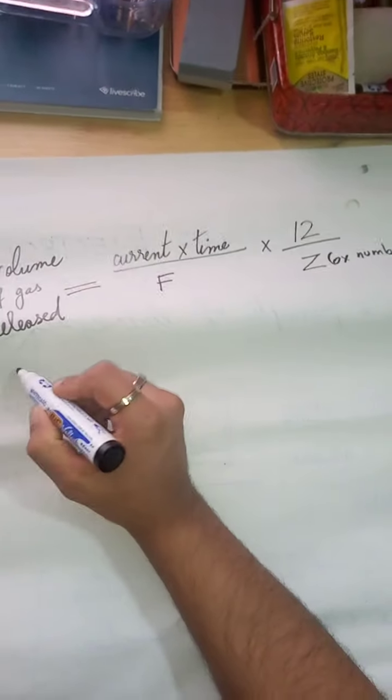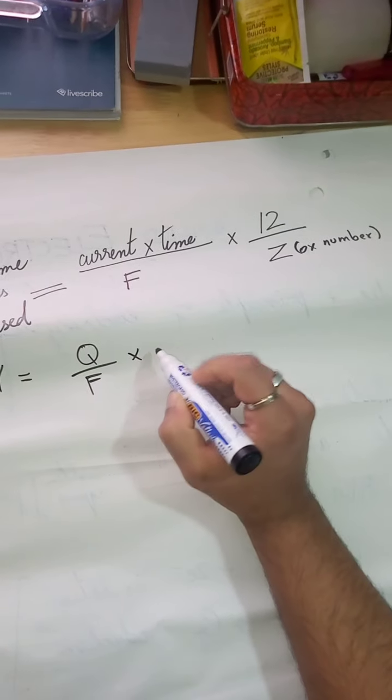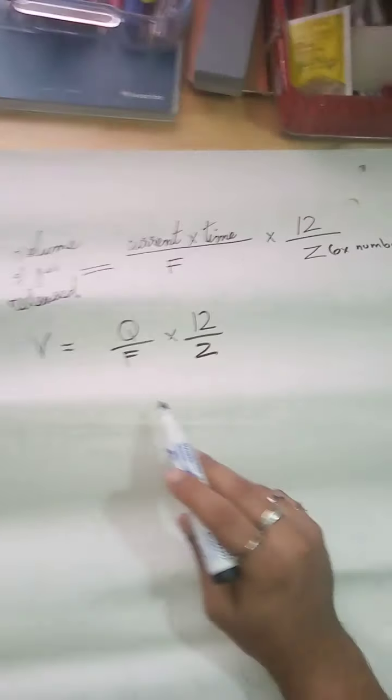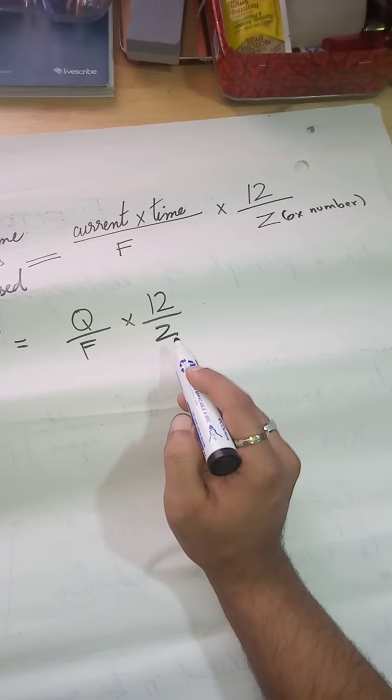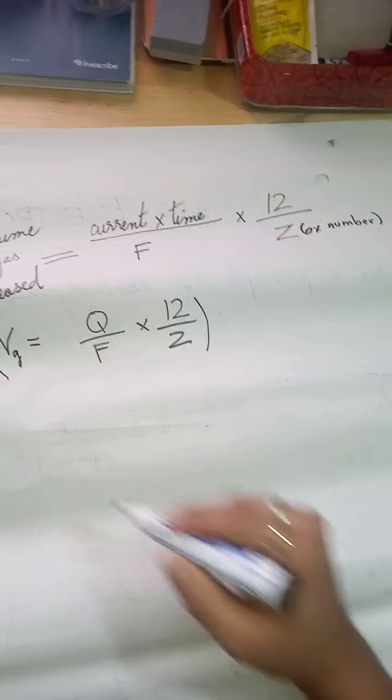Now when you write it simply, it'll be Q over F times 12 over Z. That's how you write it. So IT over F times 12 over oxidation number. That's for gases, volume of the gases released.